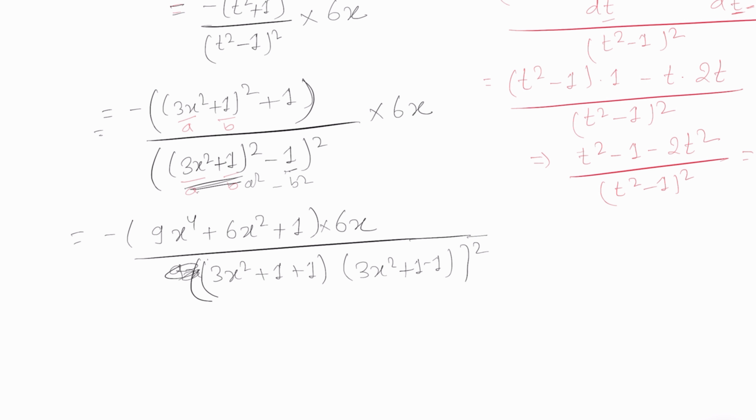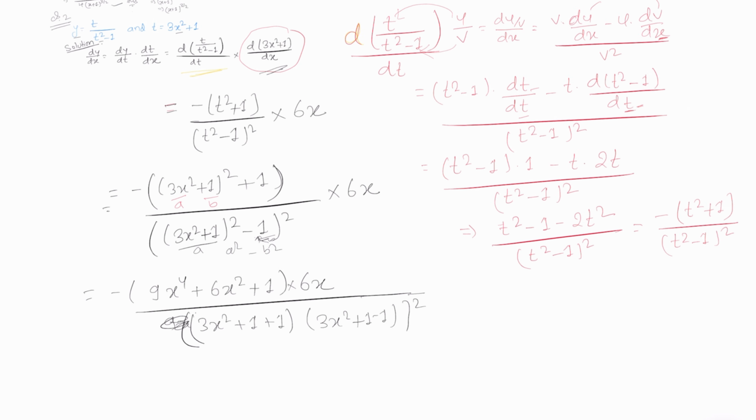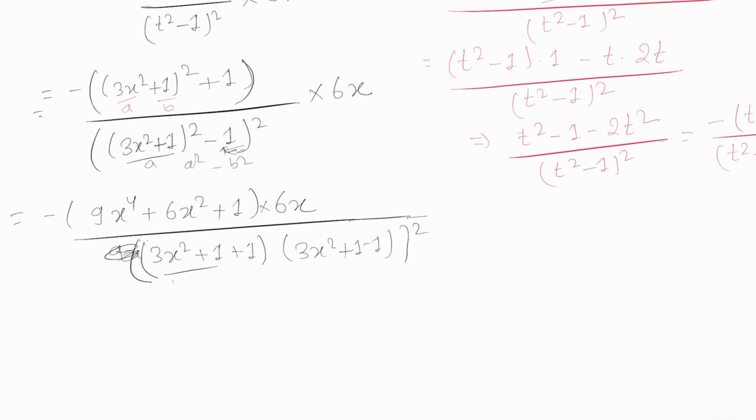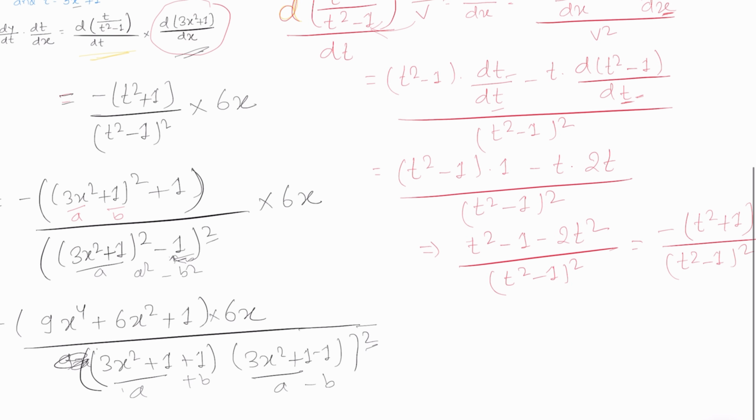What I did, I simply considered this as a and this as b. So we have a square and b square. So a square minus b square is (a plus b)(a minus b), and this square is here as it is. Okay, I hope you got it.